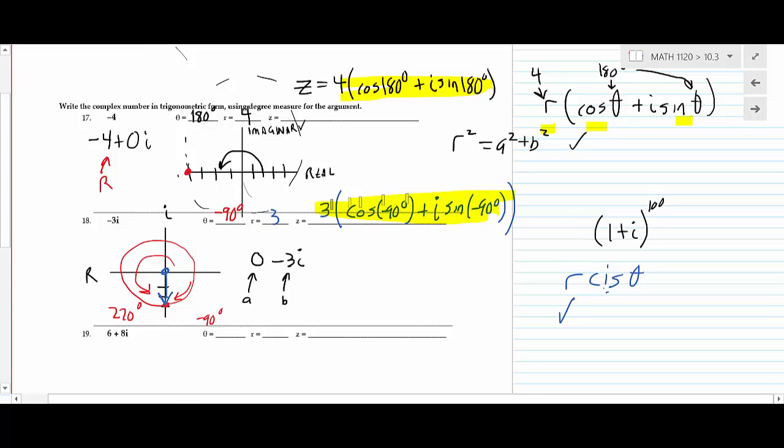So you need to learn how to change these things to this form before we can do anything with it. Yes? Do you want theta to be in degrees or radians? It doesn't matter, actually. The standard thing, a lot of times we use degrees on this, but it does not matter. If I was testing you over this and I didn't give you the directions, I wouldn't care.